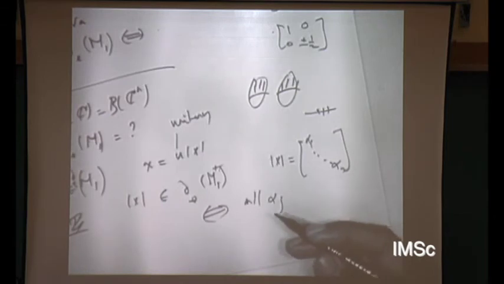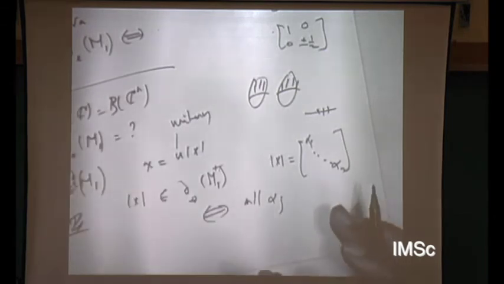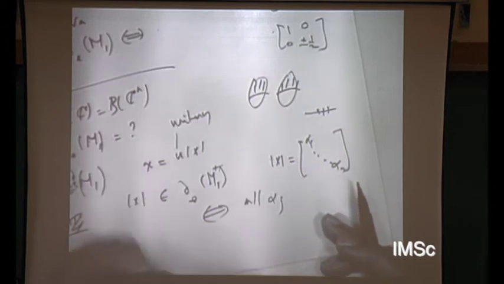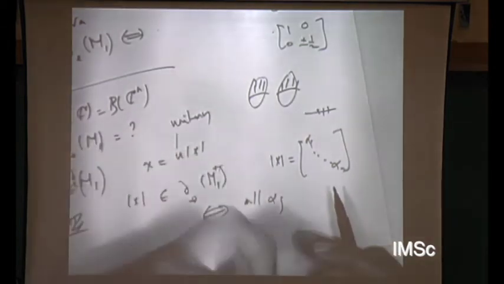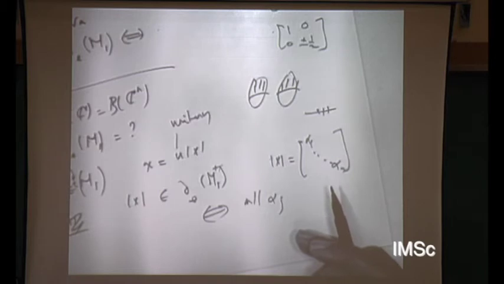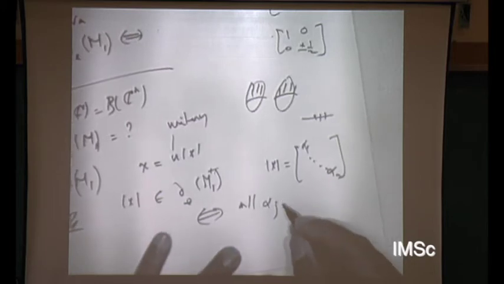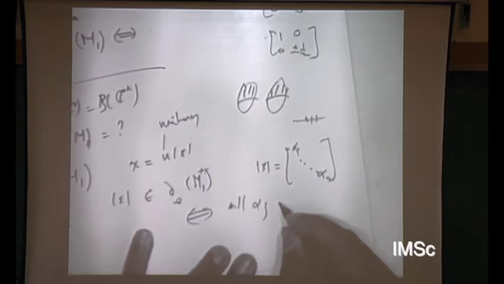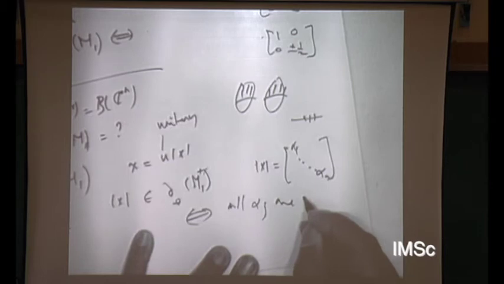So what does it say about alpha j? Basically, what are the extreme points of 0, 1? It's just 0 and 1. So that means all alpha j must be 0 or 1.